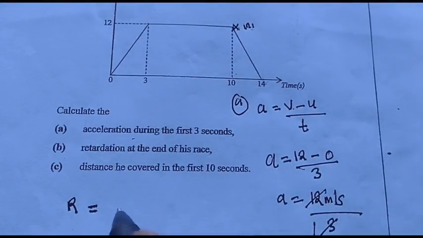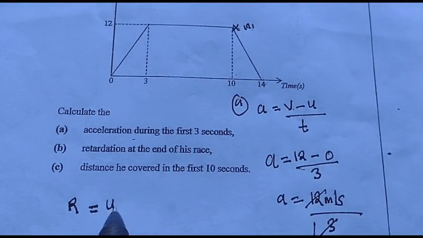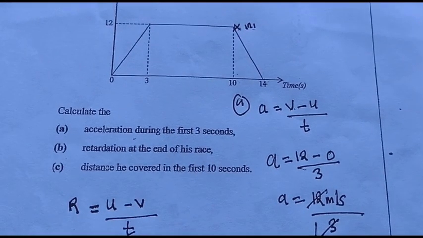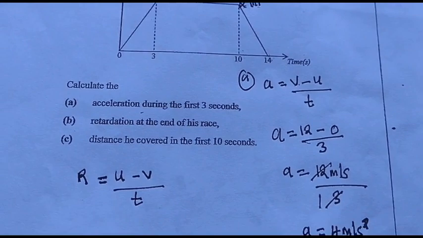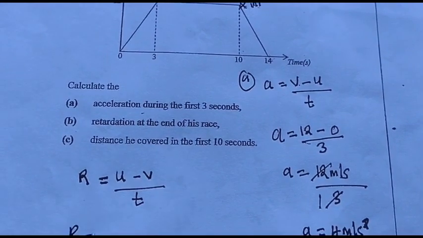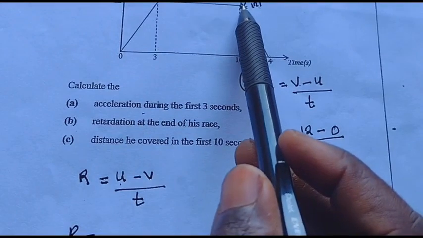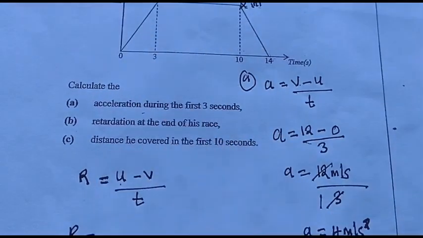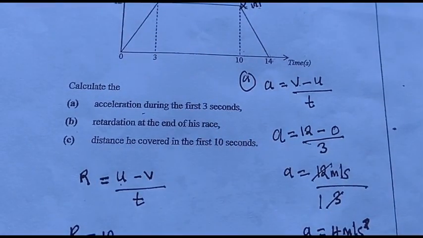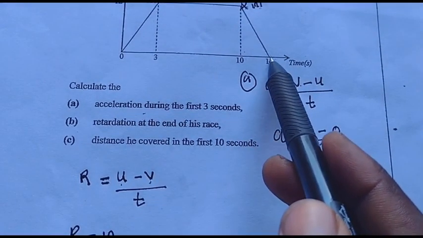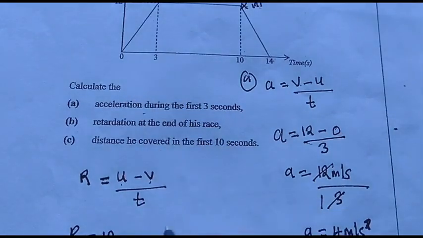So retardation is initial velocity minus final velocity over time. Retardation is equal to initial velocity, which is 12, minus the final velocity. Since he made the stop here, the final velocity was 0.